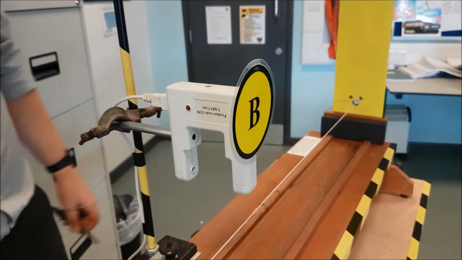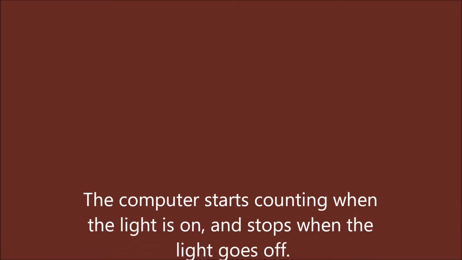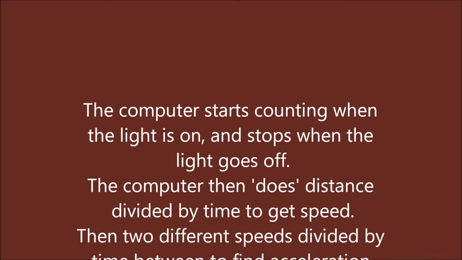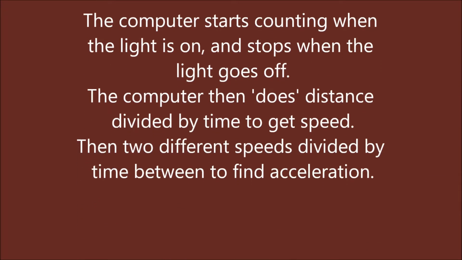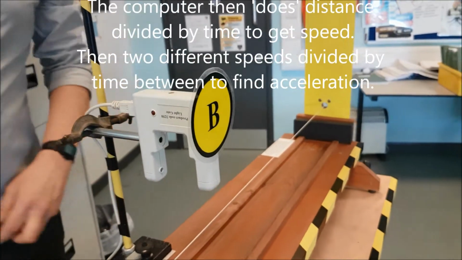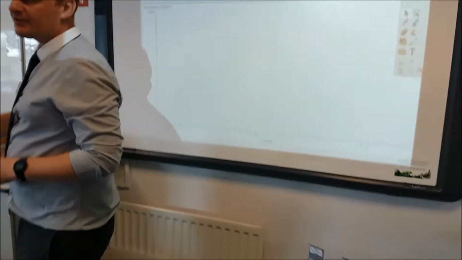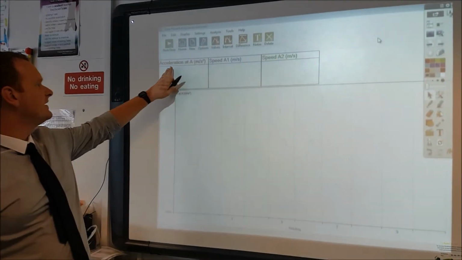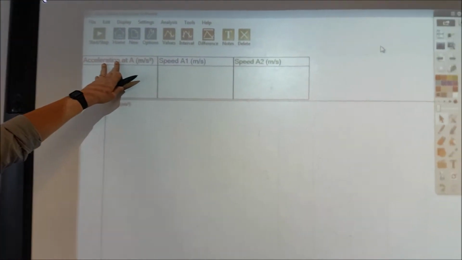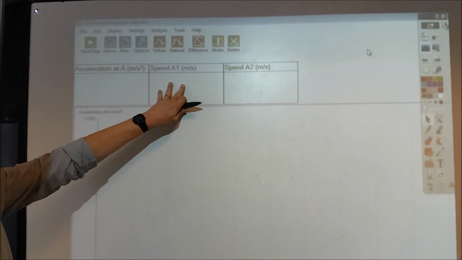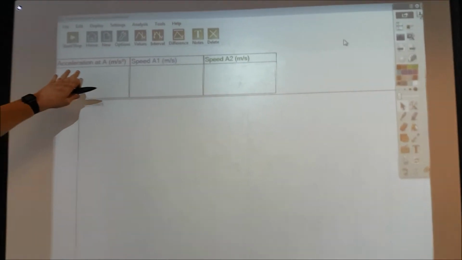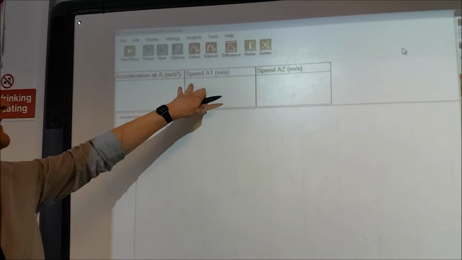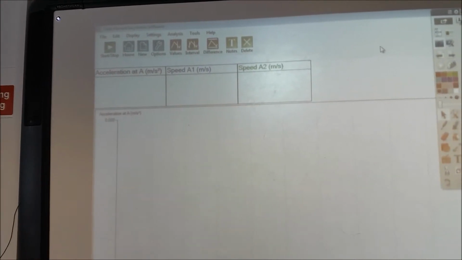The light comes on. This then ties in with the program on the computer, which can tell us the acceleration, the speed at A and the speed at B. This is light gate A and this is light gate B.